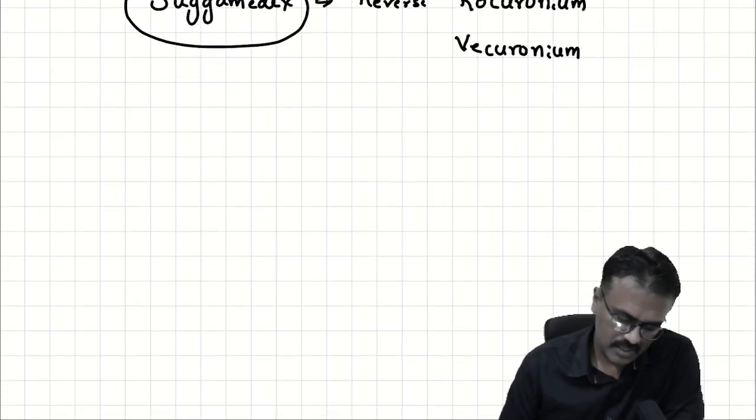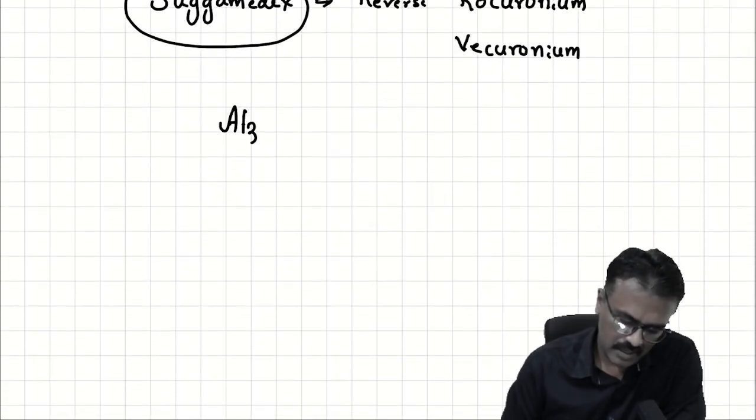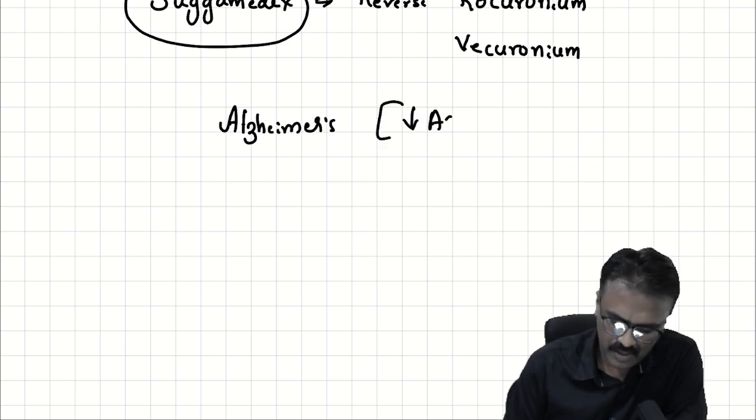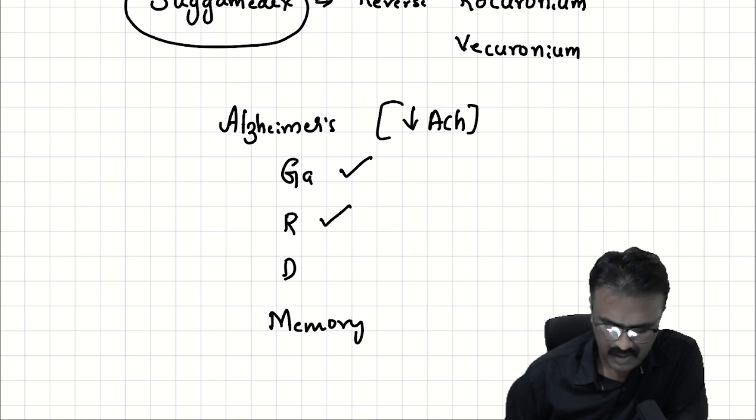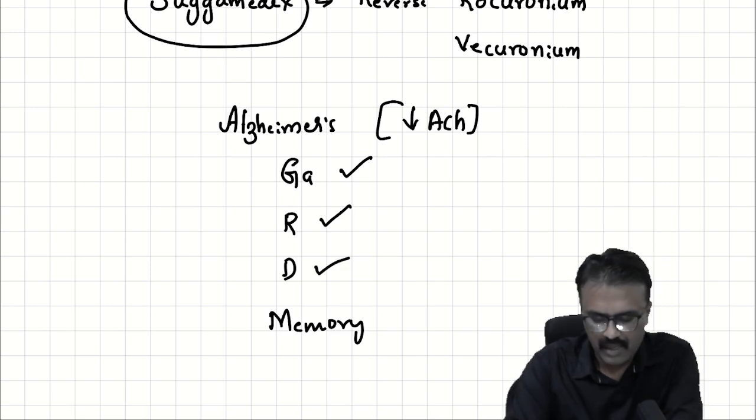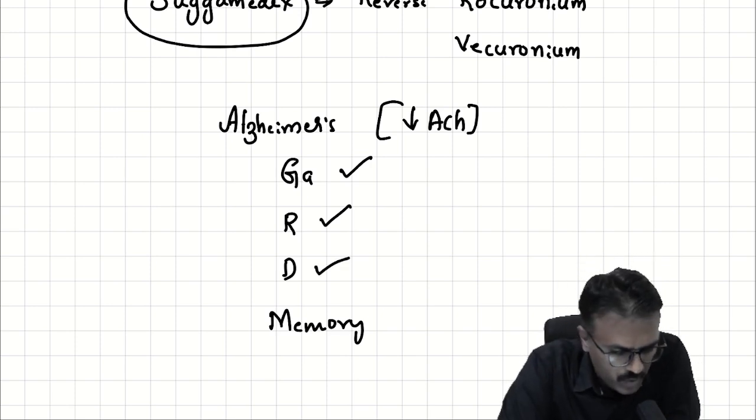Then coming to drugs used in Alzheimer's disease. The neurotransmitter that is decreased in Alzheimer's disease is acetylcholine. The mnemonic for the drugs we use is GARD the memory. GA for galantamine, R for rivastigmine, D for donepezil, M for memantine.